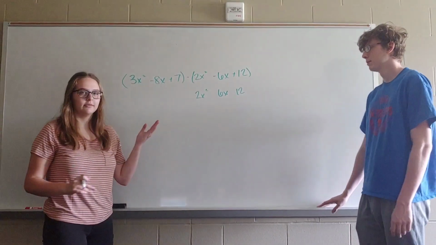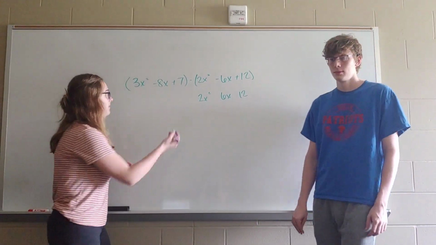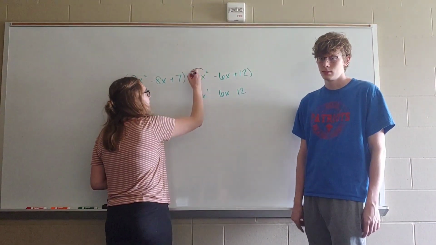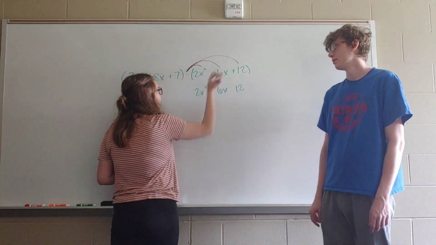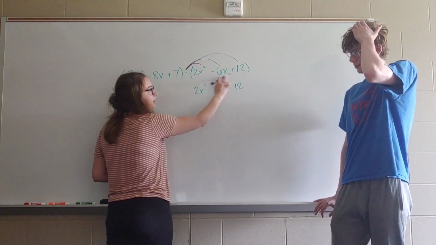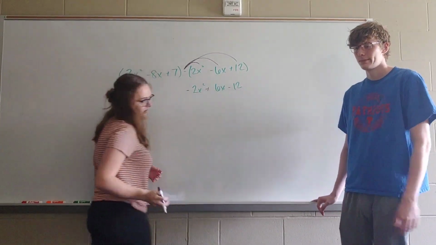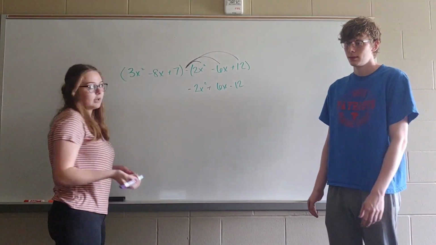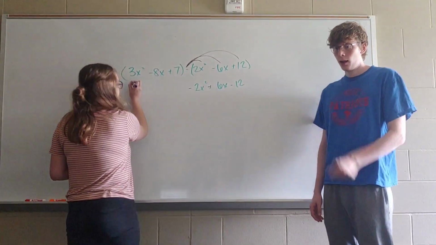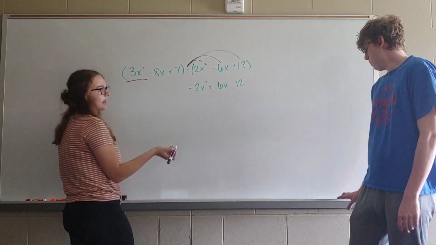For this next example, we're going to do the same thing we did in the other one. So first, we're going to distribute our negative. This problem right here is going to turn into negative 2x plus 6x minus 12. Then we're going to combine like terms. So we're going to start with our highest one, which is to the second degree.